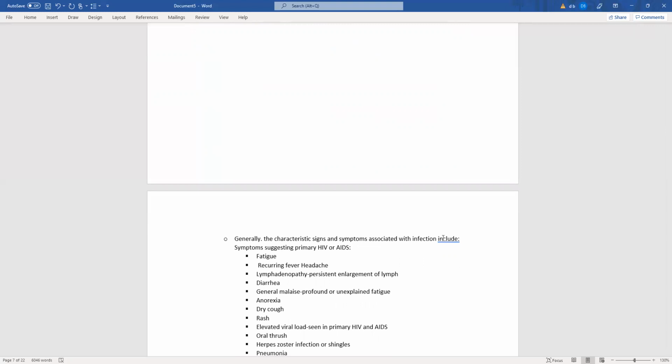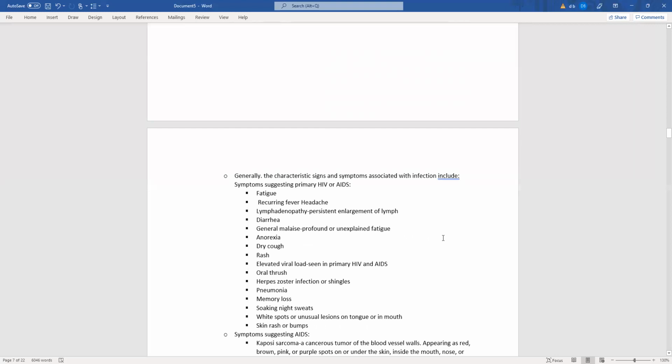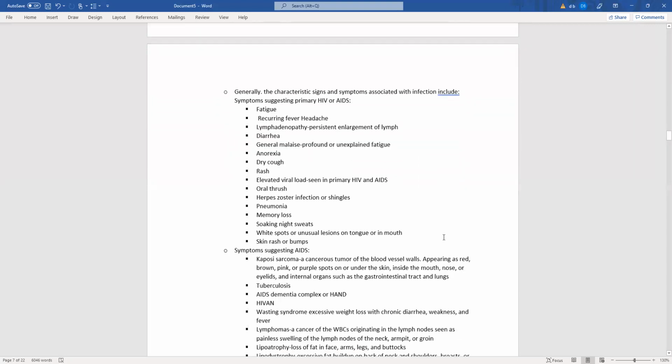There may be some diarrhea going on, general malaise, profound or unexplained fatigue, anorexia or rash, elevated viral loads seen in primary HIV and AIDS patients, oral thrush, herpes infections or shingles, pneumonia, memory loss, soaking night sweats, white spots or unusual lesions on the tongue or in the mouth, skin rash or bumps.